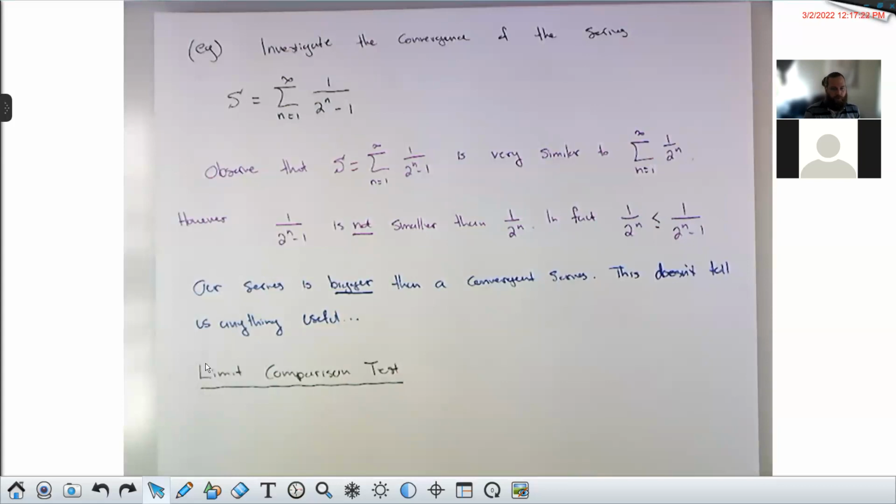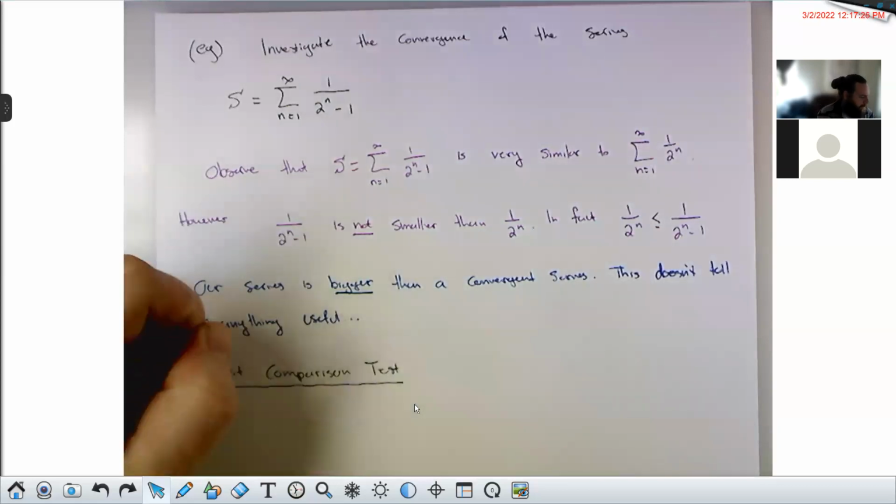And for those sorts of situations, we have this other comparison test called the limit comparison test.